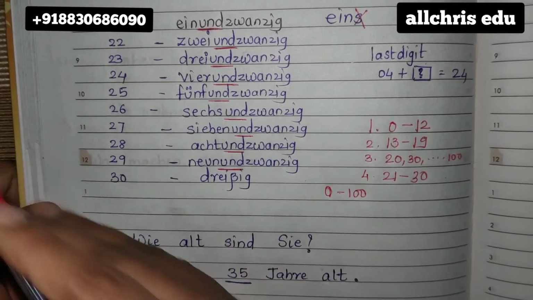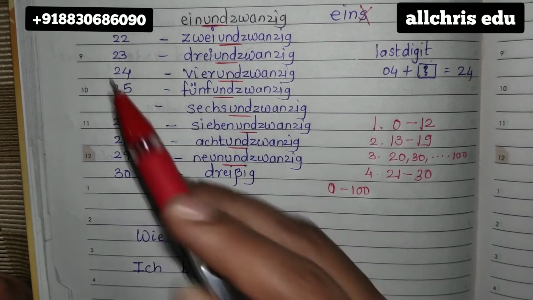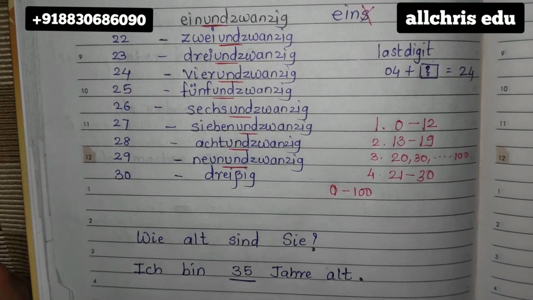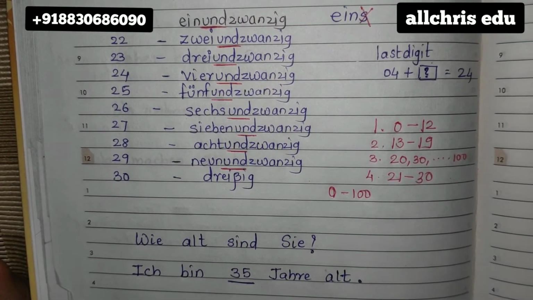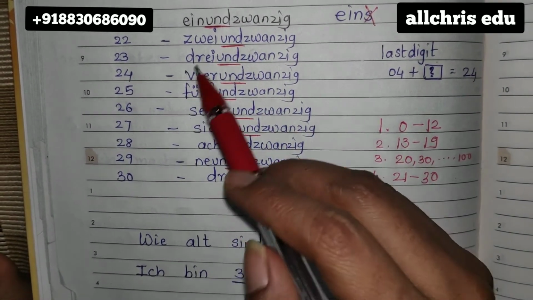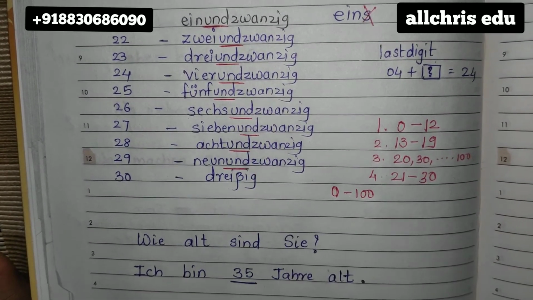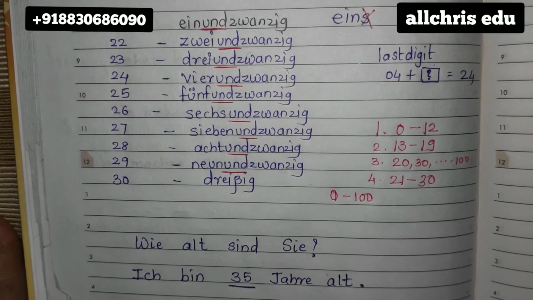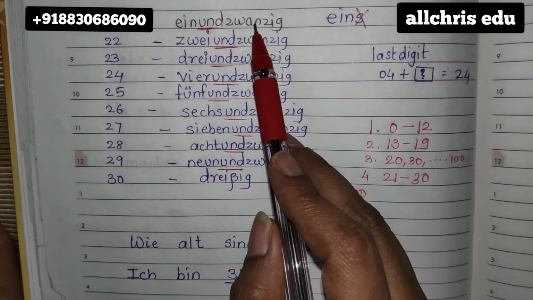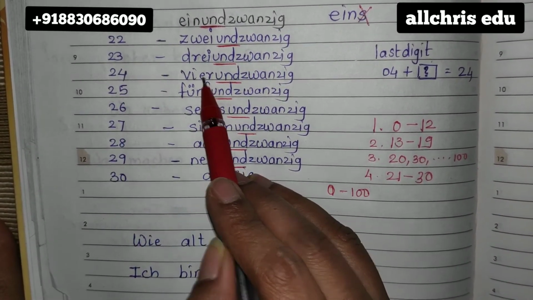We'll go backward. For example, 24. The last digit is 4. From 21 onwards, one extra thing we are adding, which I have underlined already: und, which means and. Okay? For 24, from the last, vier is there, so we write vier.